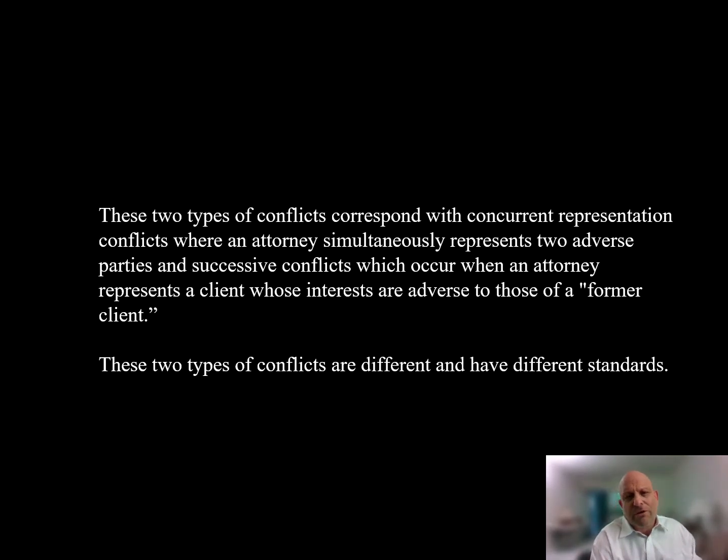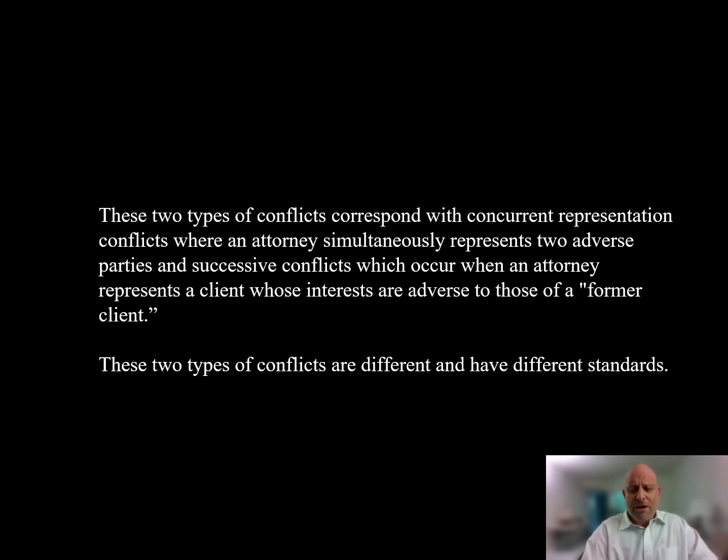The issue there is the former client may have confided certain information during the representation, and does it pass the smell test to be retained by a new client that's in conflict with a former client when the former client gave up information that could be used against them? It's a different standard.